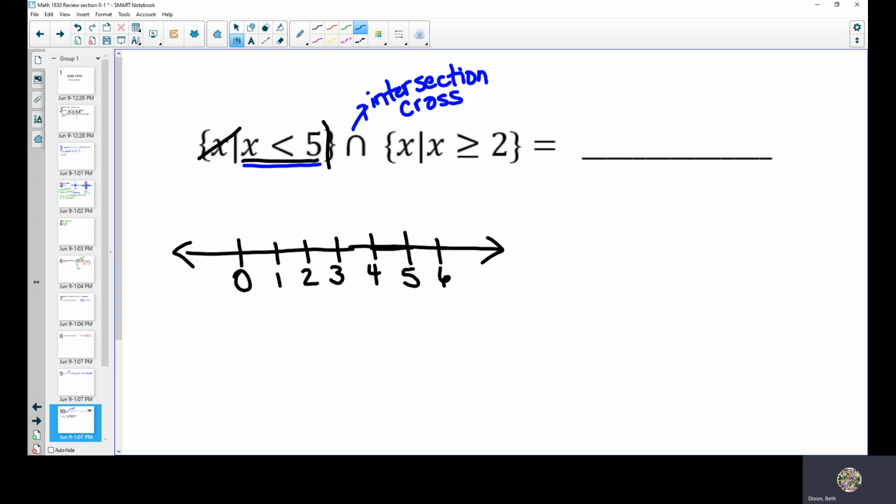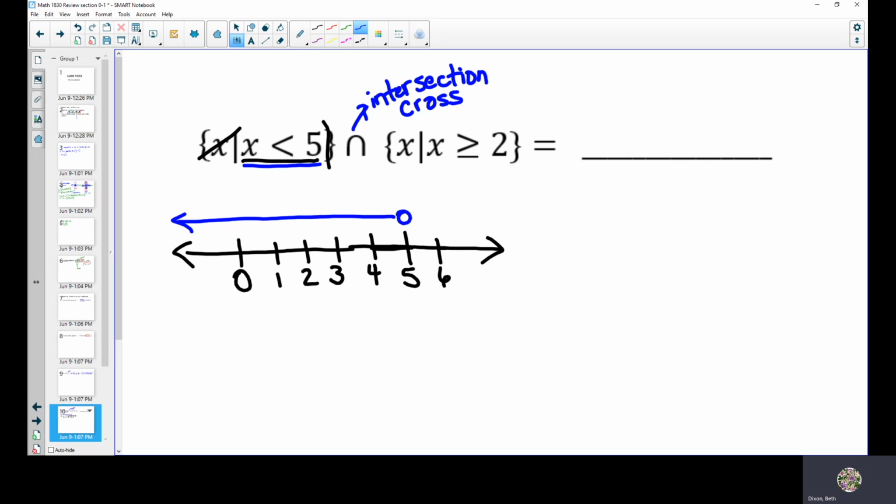Because it's not equal to, that will be an open circle or a parenthesis. So we start at 5, and we'll have an open circle, and it's less than, so it will shade to the left. Now that can be on top of the line, but to be clear on my computer, I am going to draw that above the line, so it's very clear where I'm shading. Generally, that would be on the line itself.